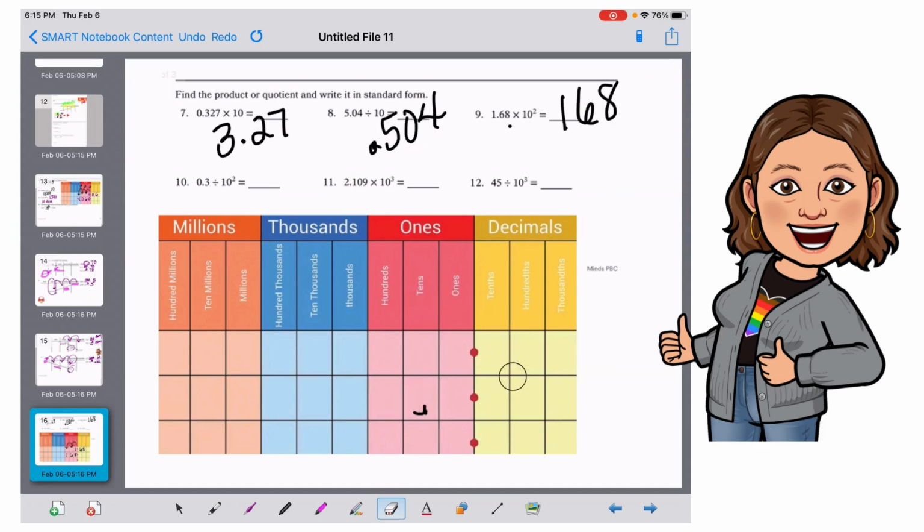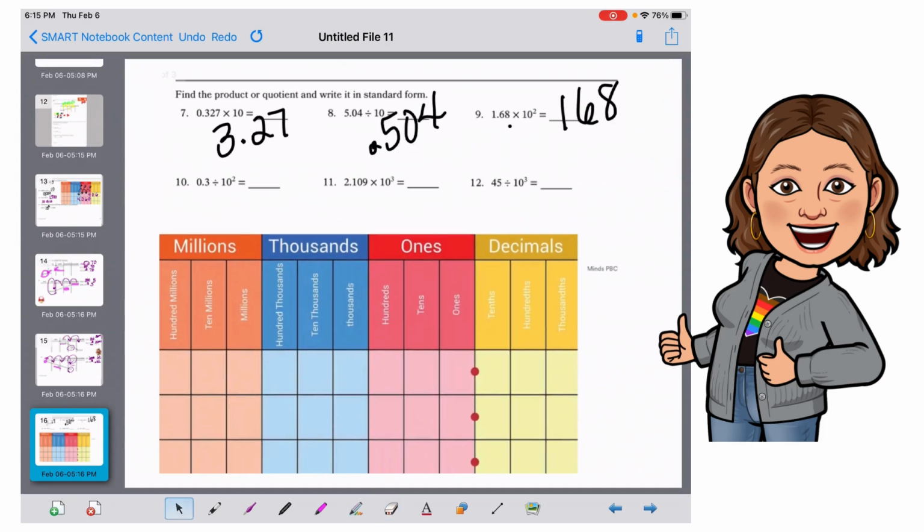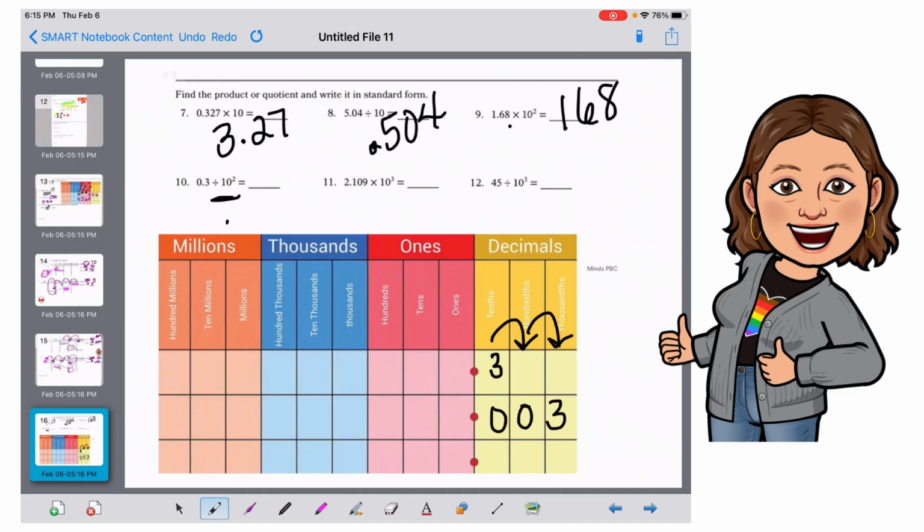Okay. Next, we start with 3/10. We are dividing here. That means we are losing value. We are going back 10 to the second power. That is 2 spots, divided by 10, divided by 10. I keep saying that. We have 3/1000ths.